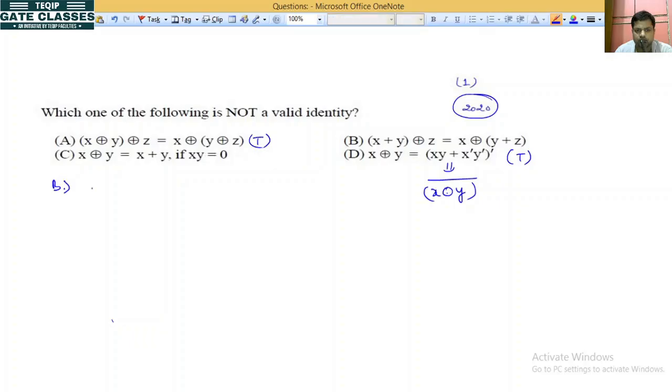Let's check option B. B is (X plus Y) XOR Z is equal to X XOR (Y plus Z).